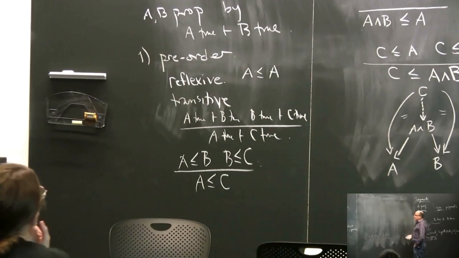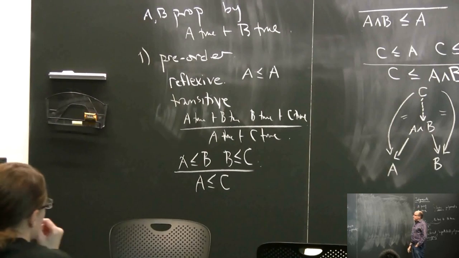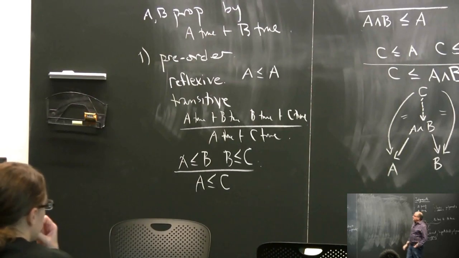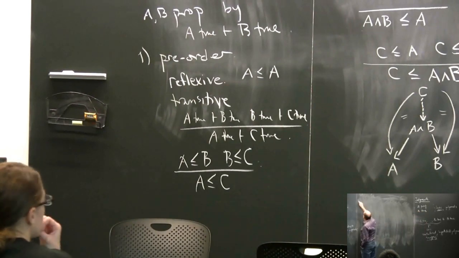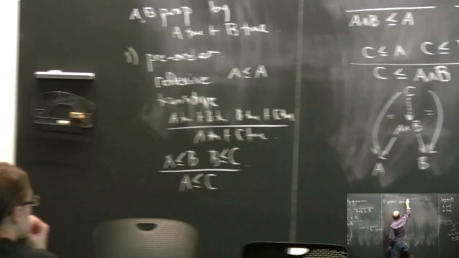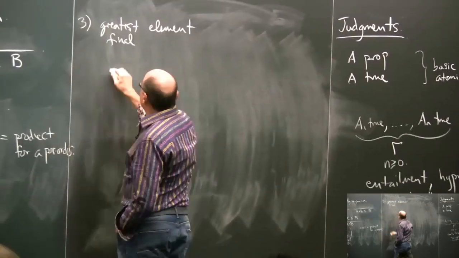Later, shortly, we'll get additional structure there, and then these conditions will be significant. The other thing is that we have a greatest element, or as it's sometimes called, the final element. Why is that?